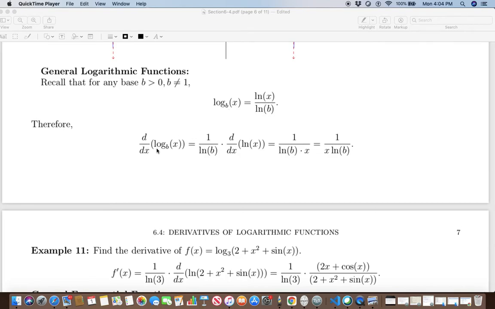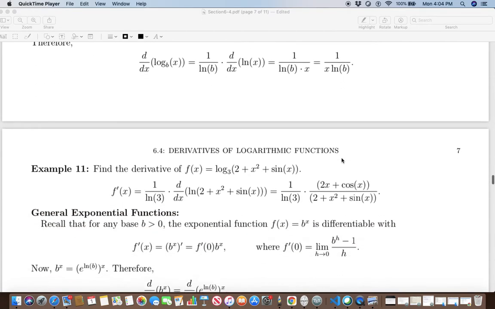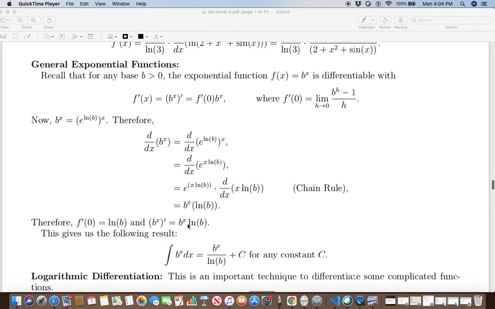When you take the derivative of general log, you are dividing by natural log b. Otherwise, it is like taking the derivative of natural log. Whereas in exponential, the derivative of exponential is the same exponential function multiplied by natural log b.